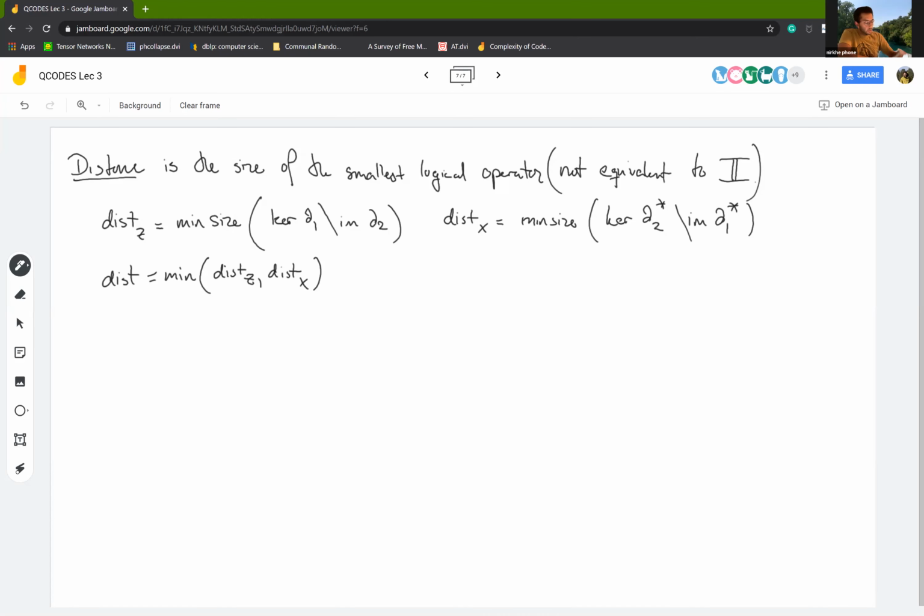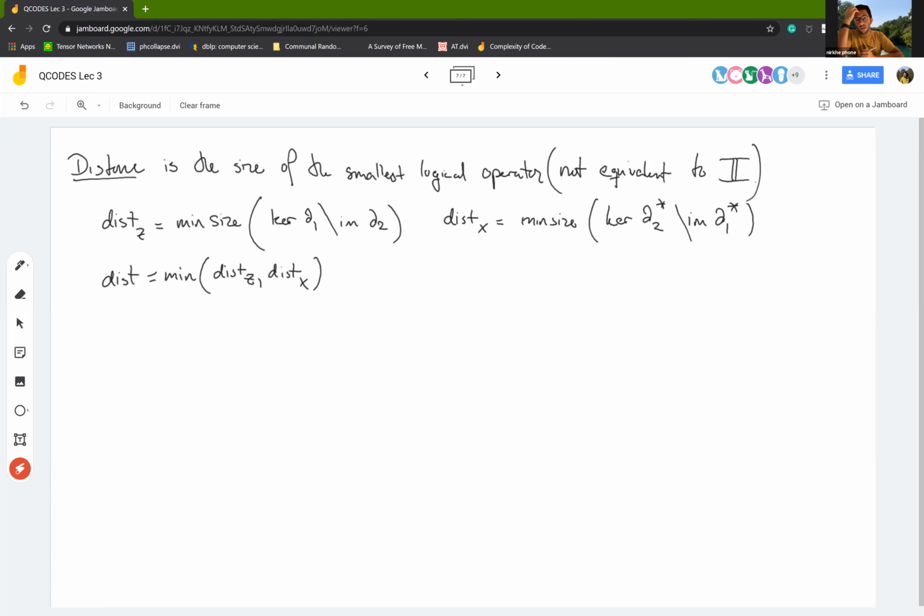Yeah, so this is certainly the size of the smallest Z logical operator, and this is the size of the smallest X logical operator. I'm a little confused, but maybe we can talk offline. Yeah, I think so. Anyone interested? There are these conditions for error correction known as the Knill-Laflamme conditions, which are a little strong.